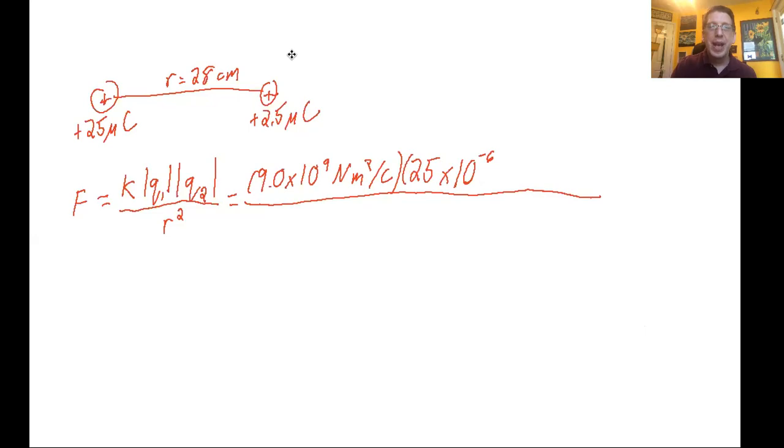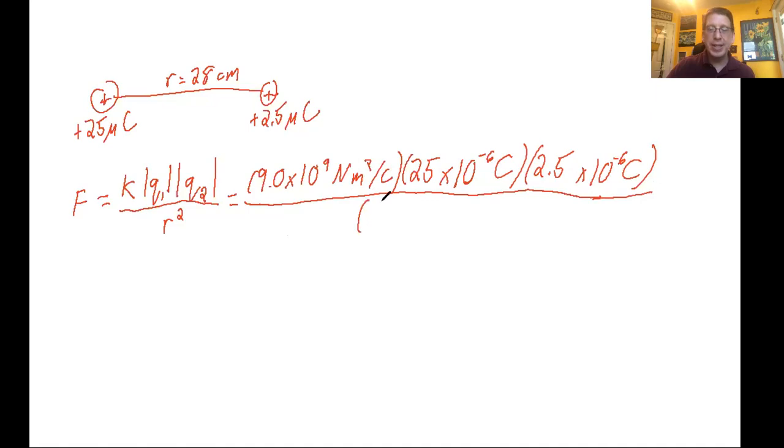As a general rule, I think I talked about this a little bit last time, and I'll talk about it more, you want to write the terms of the equation in their standard SI units so that your answer comes out in SI units. So you write k in newton meters squared per coulomb squared, your charges in coulombs, and r in meters.